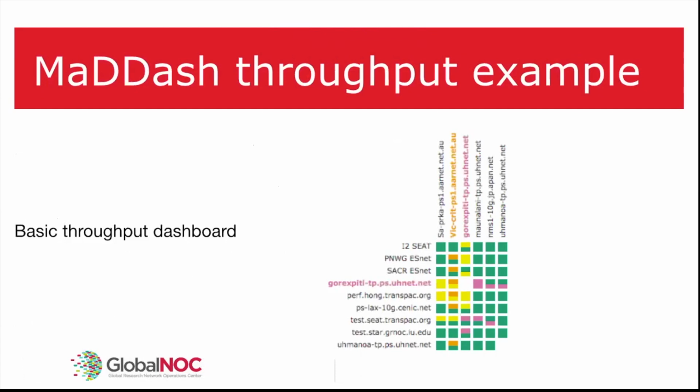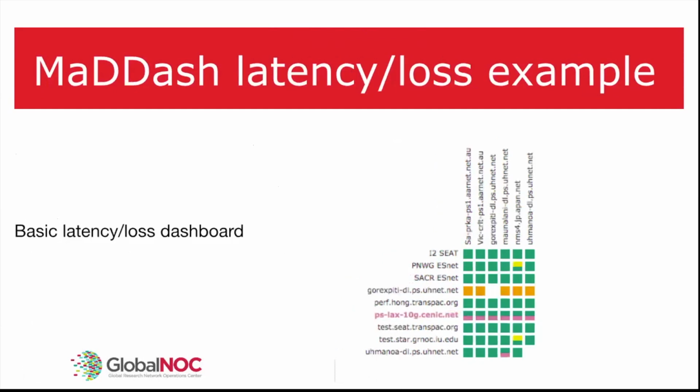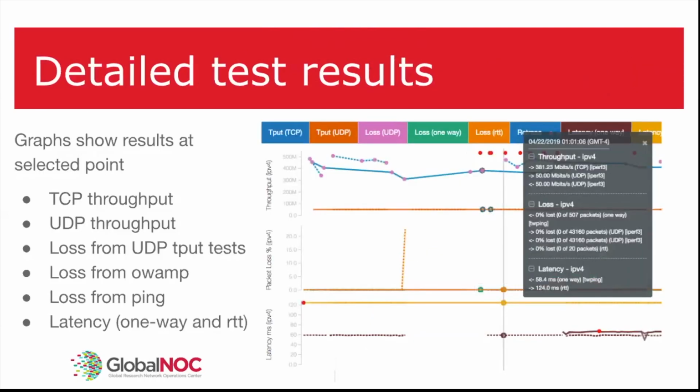So here's just a top level view of the MaDDash. It gives us a grid view of test results and allows you to see patterns with different host pairs and all that sort of thing. Similar for latency and loss. And then you get down to the more detailed test results, and you can go through some of these results.